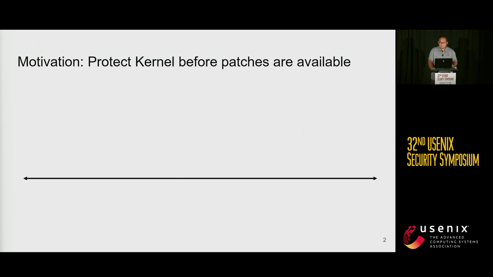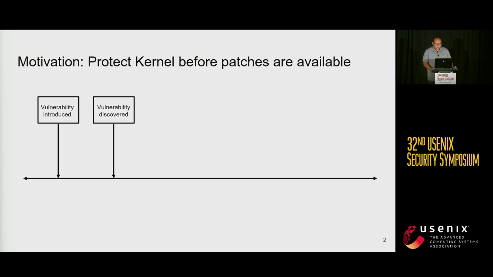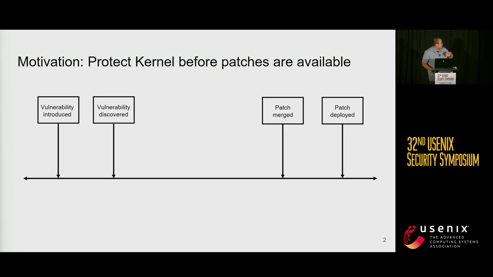The vulnerability life cycle consists of 4 main steps: the vulnerability is introduced, discovered, patched, merged, and deployed. On the left of the figure, tools such as syscall fuzzers and static analysis are developed to discover kernel vulnerabilities. And on the right, after the patch is available, the vulnerability can be fixed.